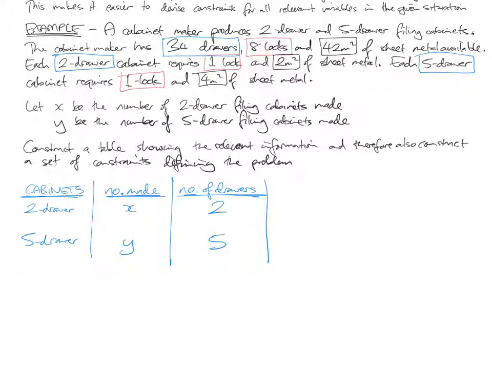Number of locks is the next constraint. We're limited to the number of locks we have in total. Both of them require 1 lock. And the last constraint is the sheet metal. And we're limited to the square meterage of it. The 2-drawer filing cabinet requires 2 square meters, and the 5-drawer filing cabinet requires 4 square meters.